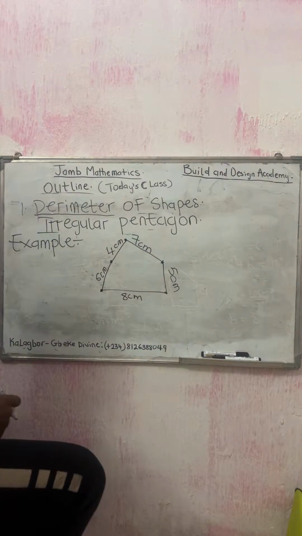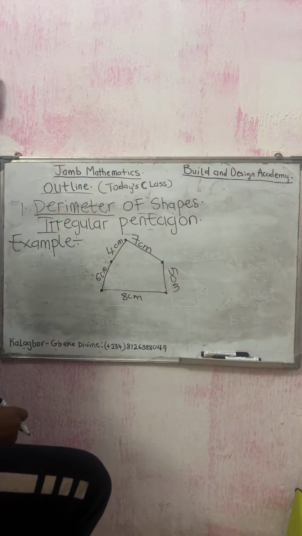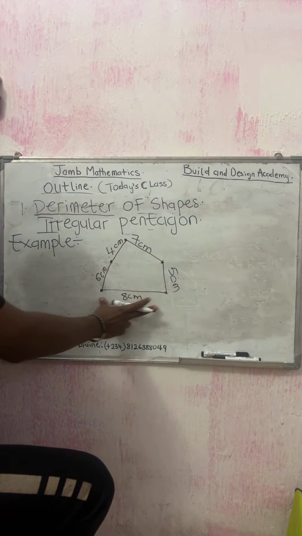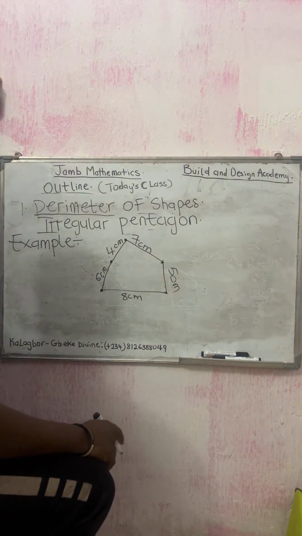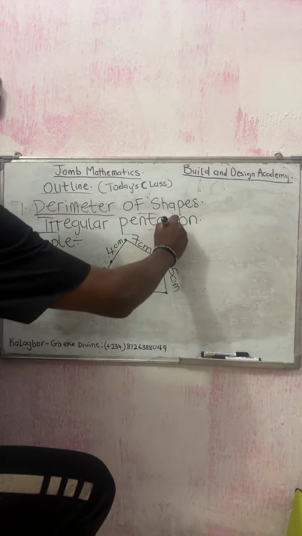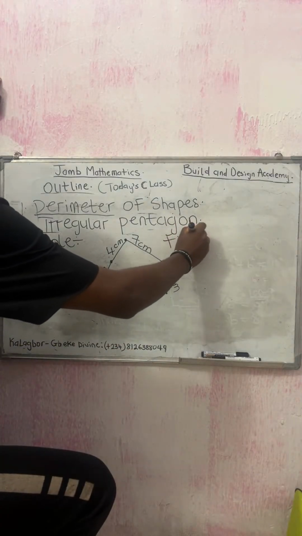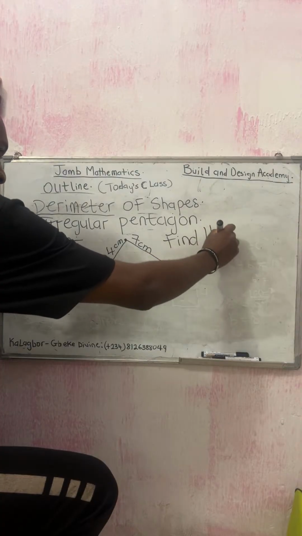They are asking us to find the perimeter. This is an irregular pentagon, irregular in the sense that it doesn't have equal sides. So we should find the perimeter.